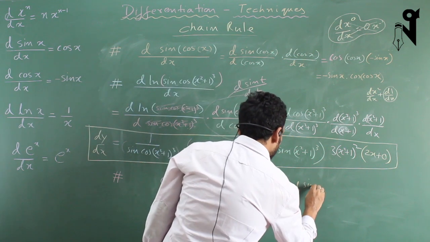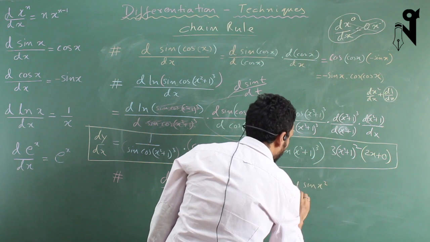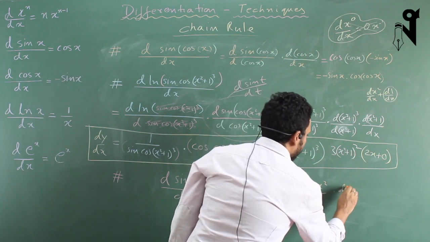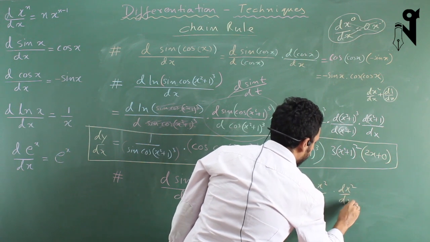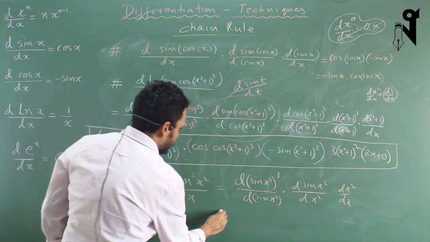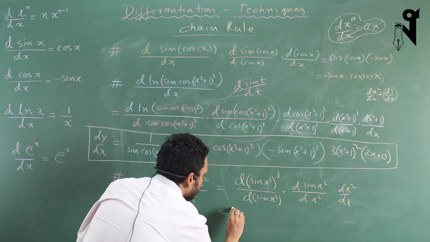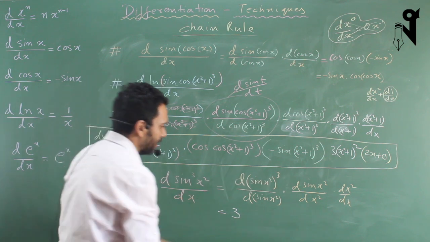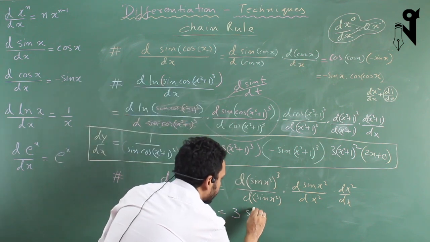D sine x square. You wish it was differentiated with x square. Then d of x square by dx. So ultimately your answer is 3. It was a t cube, so it is a 3t square. What's that t?